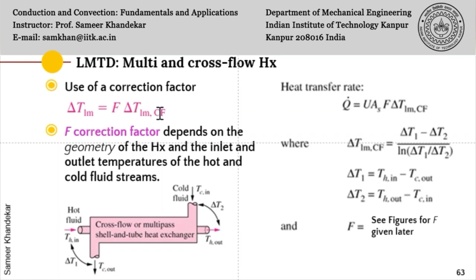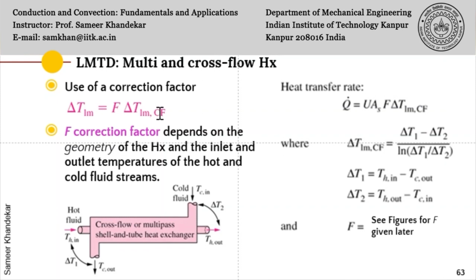What it essentially means is that if the same duty which you are taking from a given heat exchanger was taken from a simple tube-in-tube or double tube heat exchanger, then what would the LMTD have been?